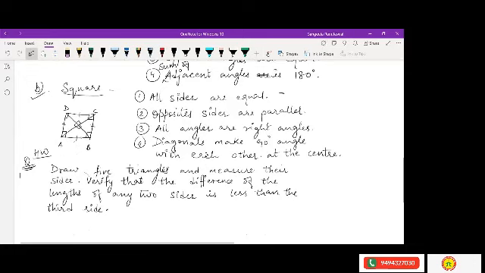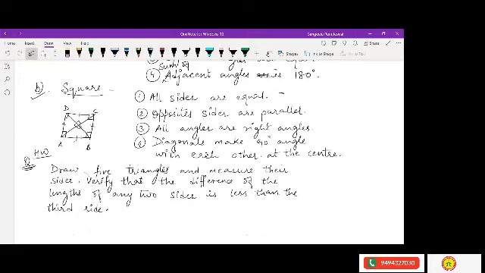So you revise about parallelogram and square and do this question. Please note down the question, Bhavesh, you also. Draw 5 triangles and measure their sides. Verify that the difference of the lengths of two sides is less than the third side. I did it.